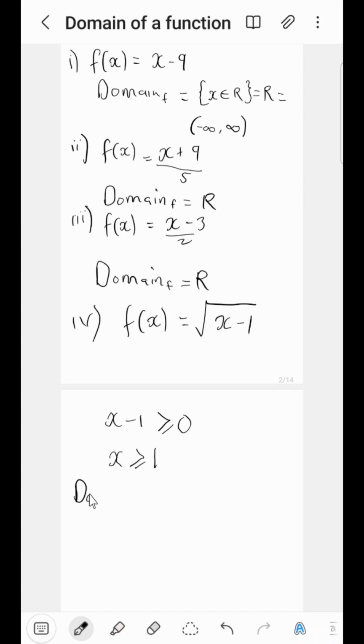So you say domain of f is equal to x, a member of real numbers, such that x should be greater or equal to 1.